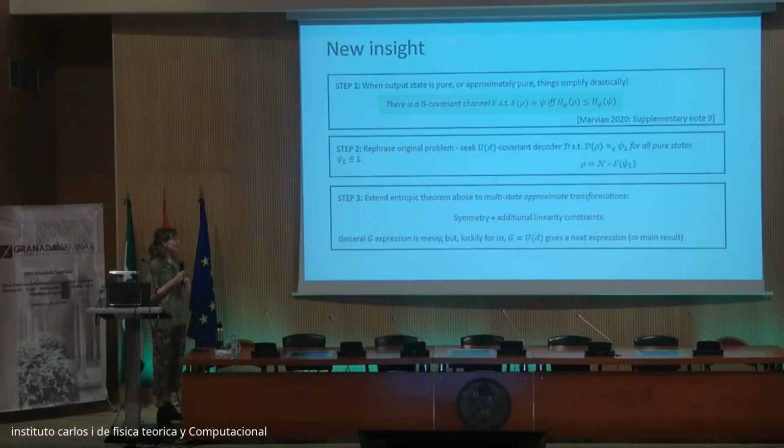And finally, to apply these sorts of theorems, here we have a problem where you have to find a decoder that works for an infinite set of states rather than just one state. And so you have a symmetry constraint in quantum dynamics with additional linearity constraints.